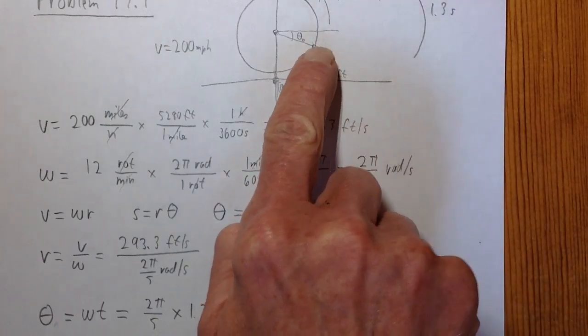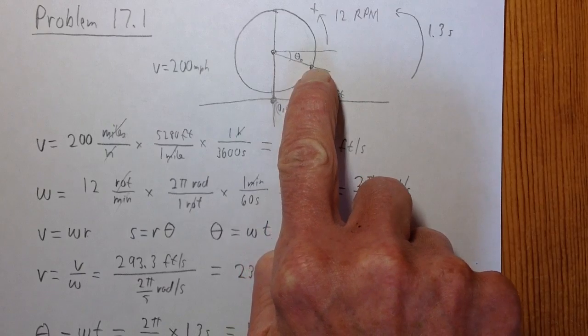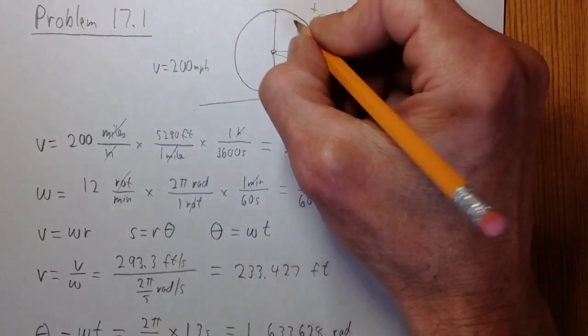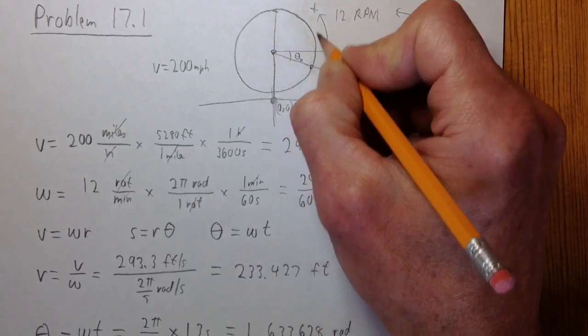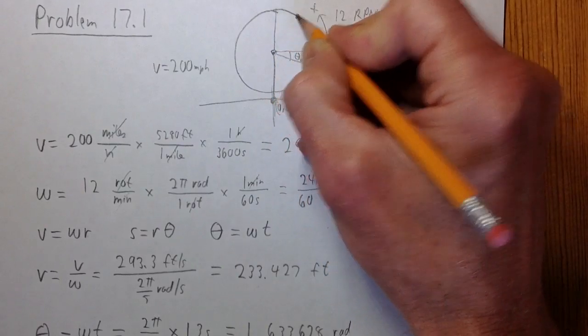So she starts here, in 5 seconds she's back here again, and at 6 seconds she's gone 1.3 to the top, so she's somewhere up here. So she's going to be somewhere right here when she flies off.